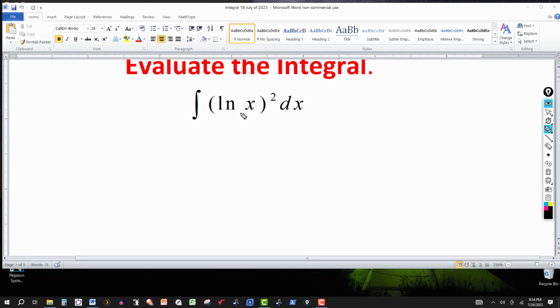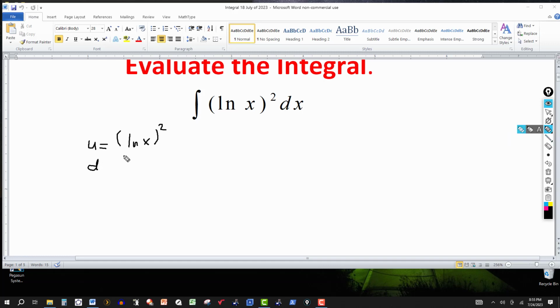So kind of similar here, except this has a square. So it's the natural log of x quantity squared. So here we have an option, and I'm going to apply integration by parts. I'm going to let u equal ln of x quantity squared. So again, we need two parts, u and v, and then we use the formula.